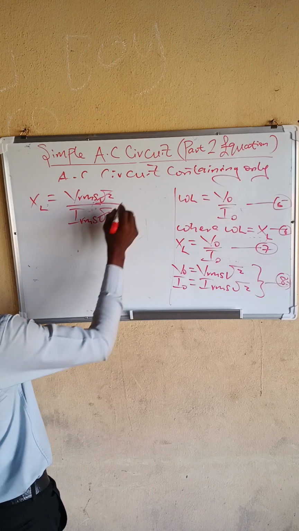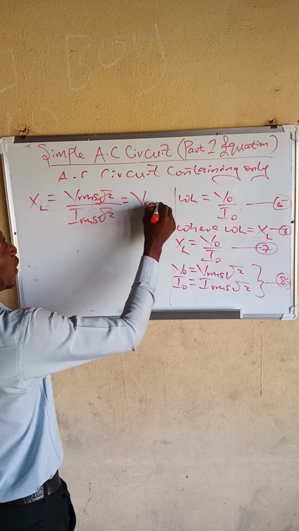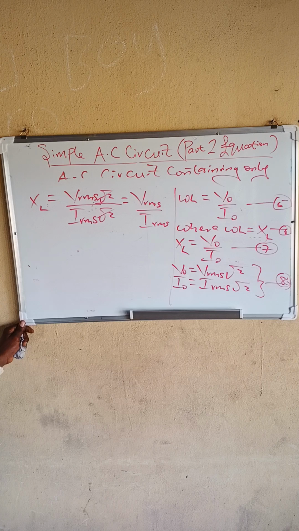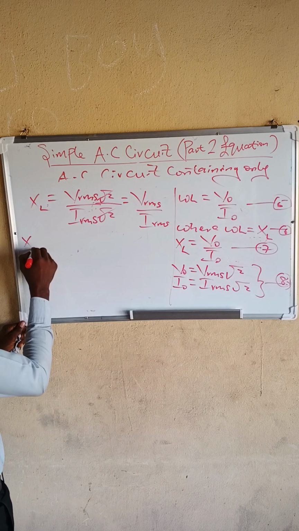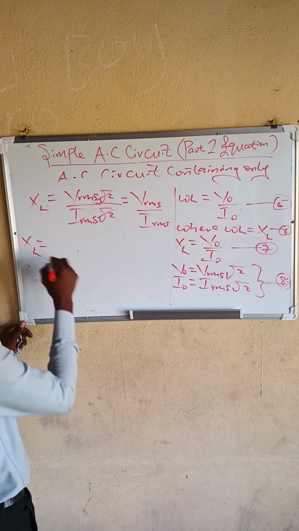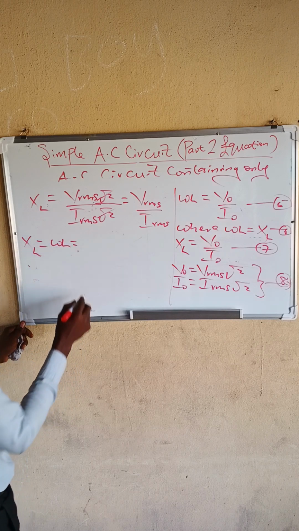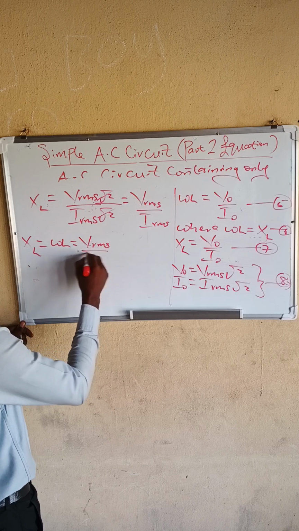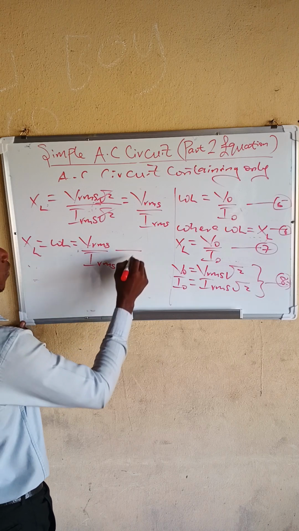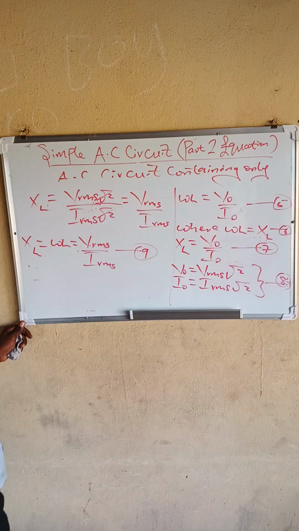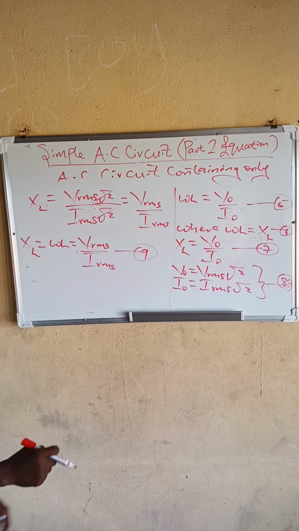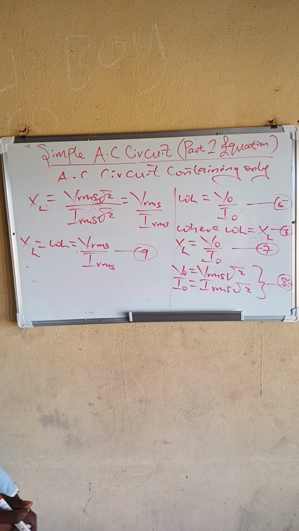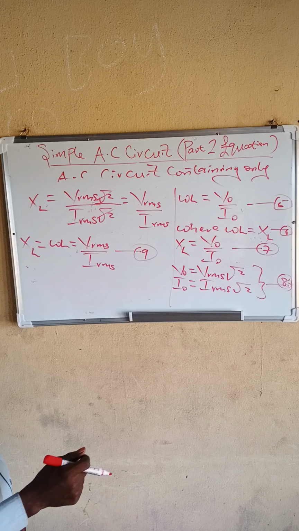You now have this as voltage root mean square over current root mean square. Generally, inductive reactance will give us omega L, which is equal to voltage root mean square over current root mean square. They call this equation 9. This equation is the equation for inductive reactance, and this inductive reactance is measured in ohms.